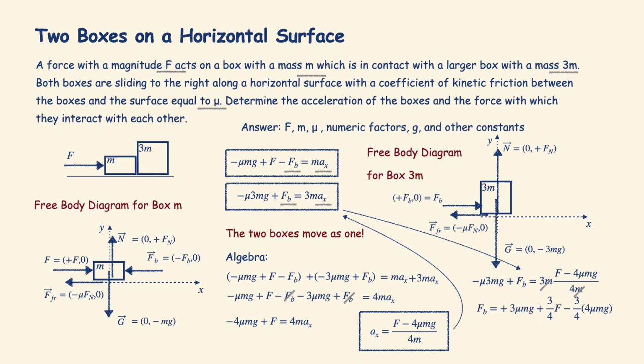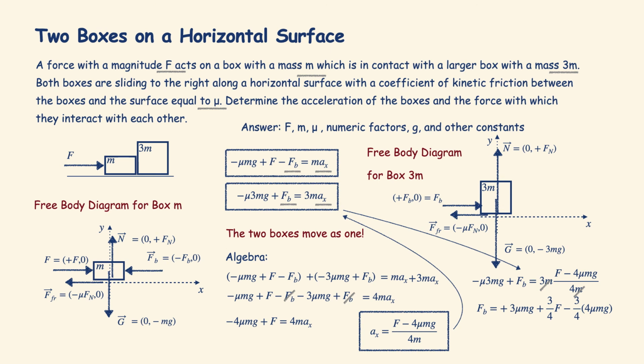So what I can do here is to move the term minus mu times 3mg to the right and see that the force with which the two boxes interact, Fb, will be equal to plus 3 mu mg. Again, I shuffled the order here of my symbols.